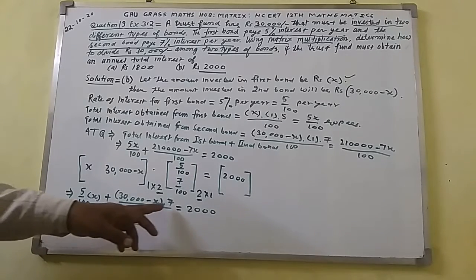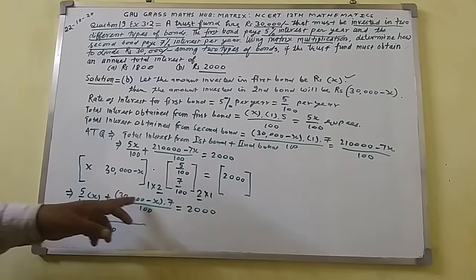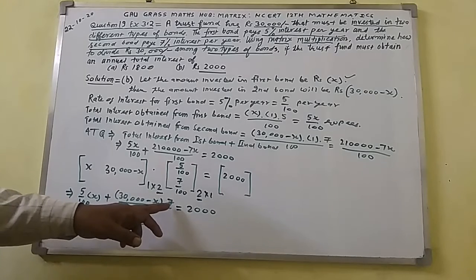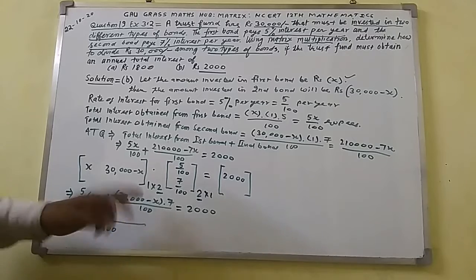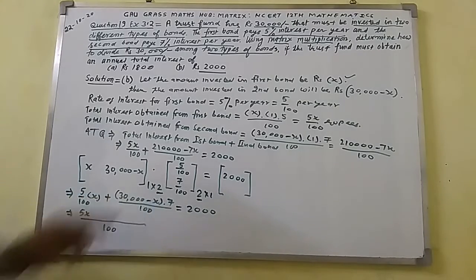And here you can see 30,000 minus x is there in circle bracket, multiplied by 7. 7 will enter inside, the bracket will be broken. 30,000 will multiply to 7.